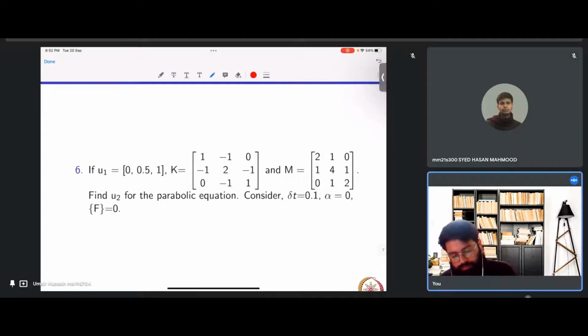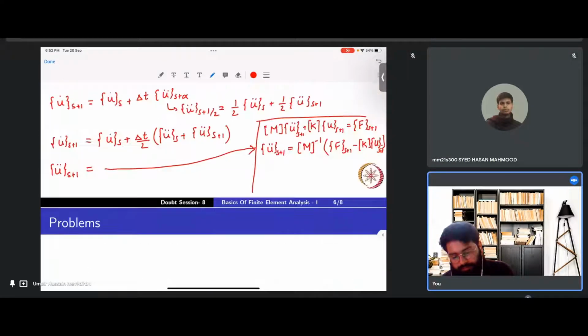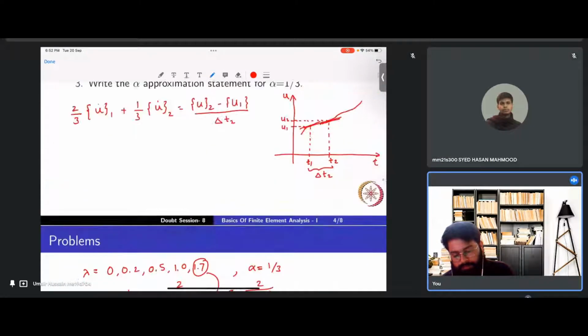Okay, so since we are given only one stiffness matrix and only one mass matrix, and there's only one approximation parameter alpha, this is definitely a parabolic equation where we only have one time derivative term and only one second order term with respect to x. So I think we did some approximation for that in our first and second problem, right?